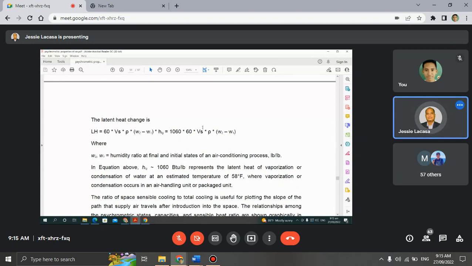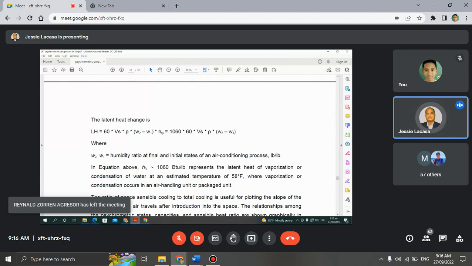So it is equal to 1060 times 60 times Vs times rho times the change in humidity ratio, where W2 and W1 are the humidity ratios at the final and initial states. So hfg is approximately equal to 1060 BTU per pound.